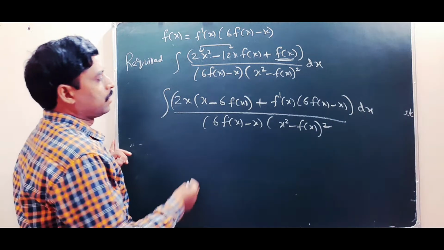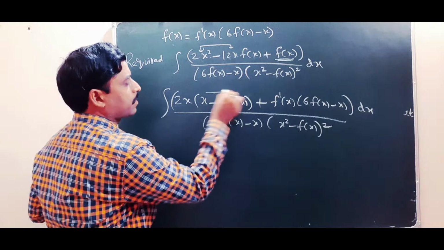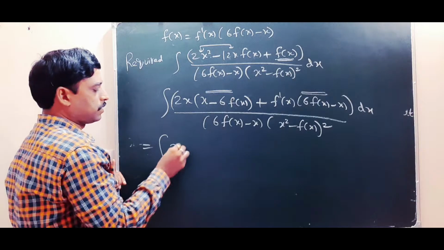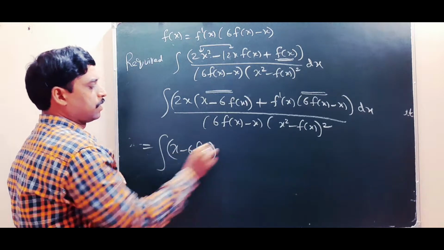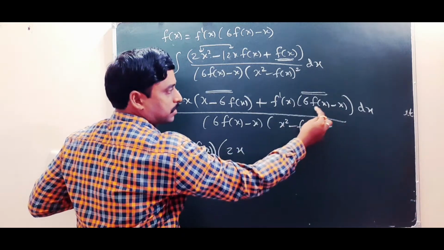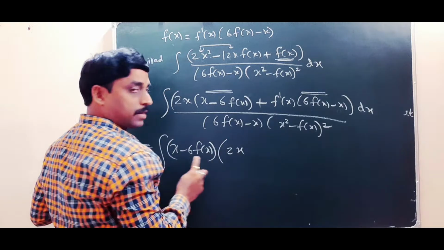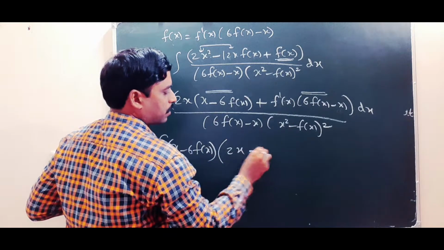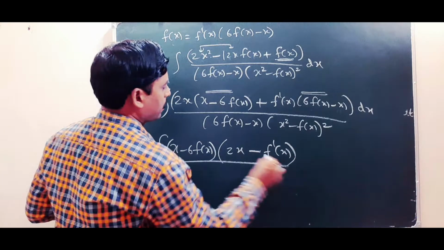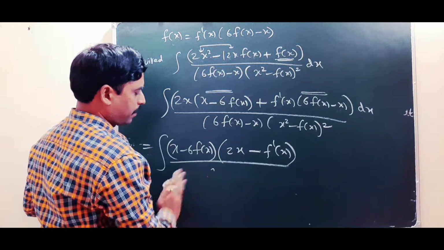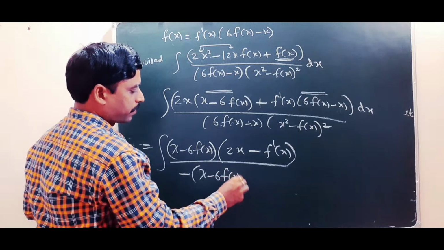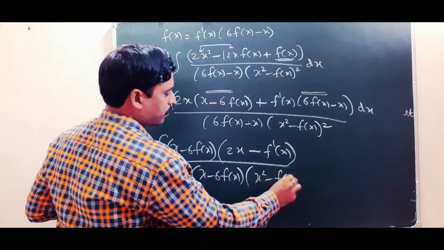Okay, in this, take (x minus 6 f(x)) common. So integral, (x minus 6 f(x)) common, it will be 2x. In (6 f(x) minus x), take (x minus 6 f(x)) common, minus 1 minus f'(x). By the denominator, in this take minus 1 common, (x minus 6 f(x)) into (x square minus (f(x)) whole square).